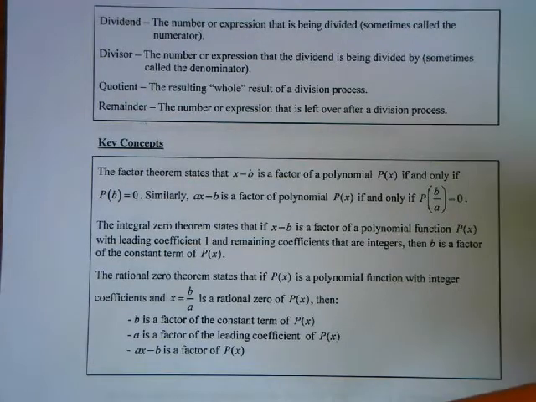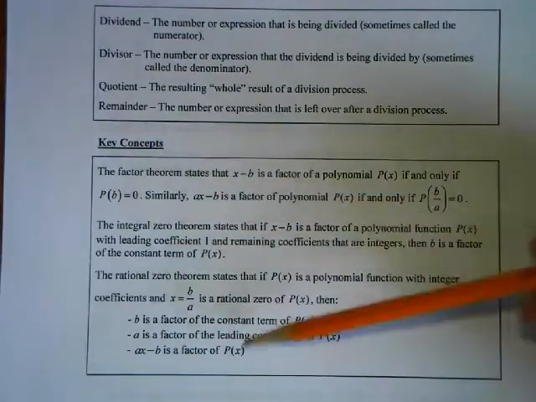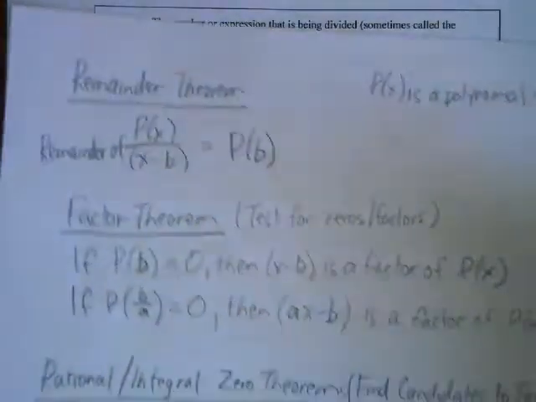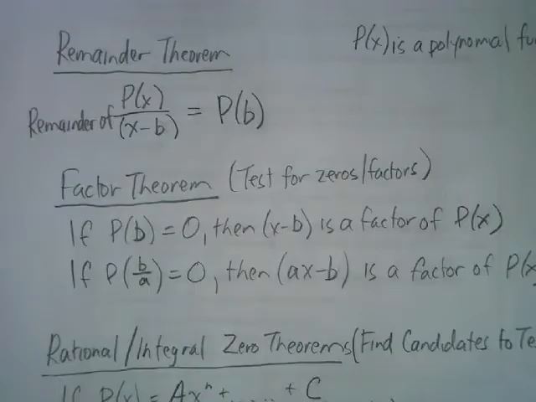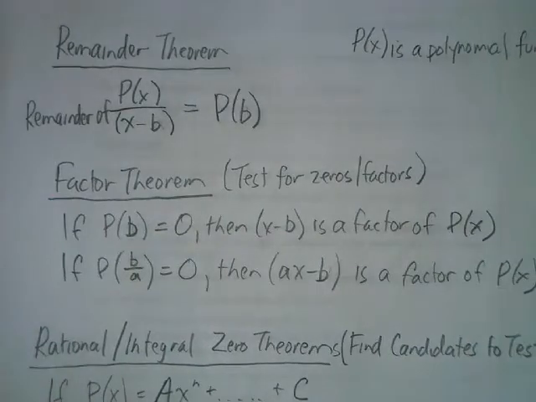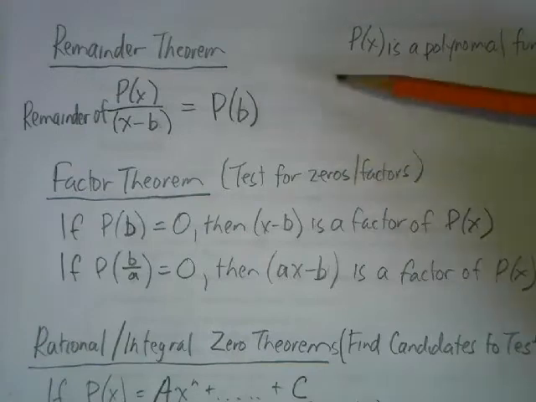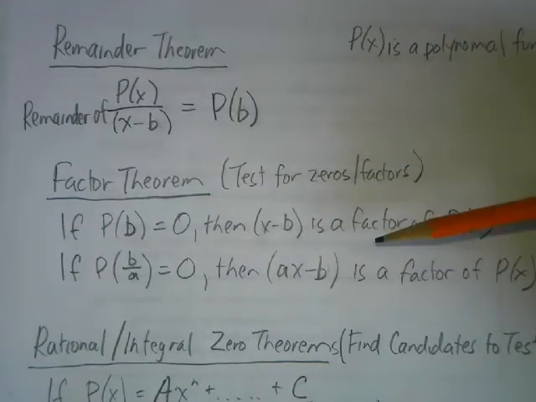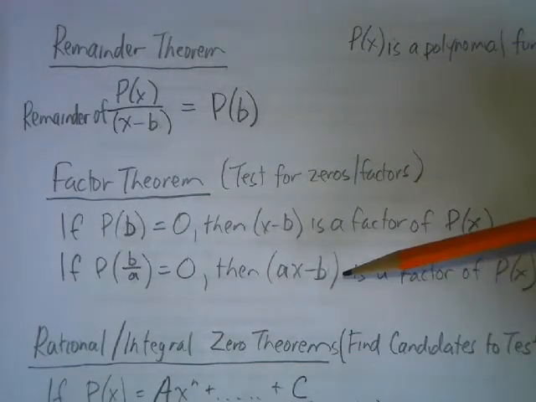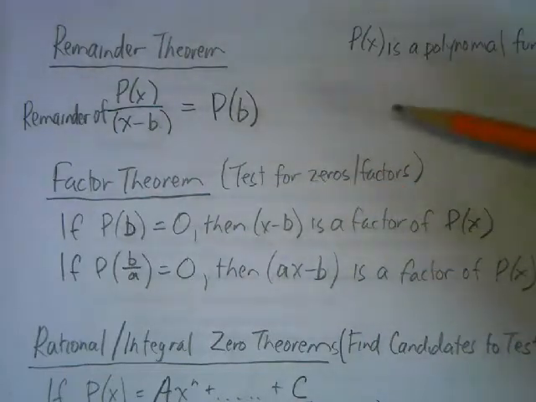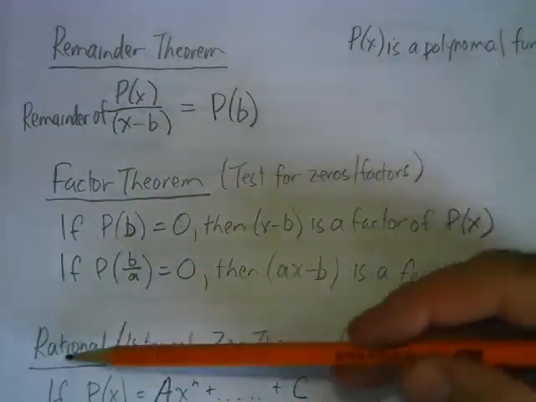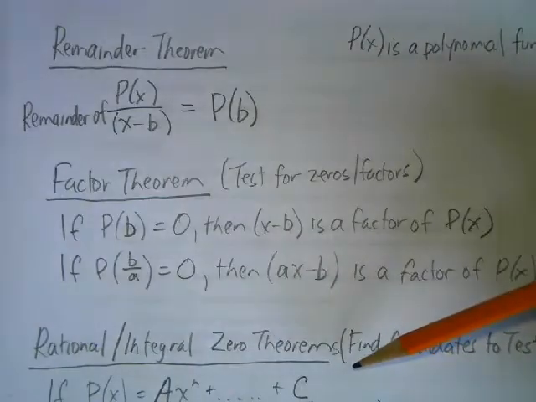So I've made a decision to maybe ignore this, and I've created kind of a new kind of summary that hopefully makes more sense. So I'm going to go through and explain that, and it might not make total sense right now, but we're going to come back to these, and we're going to be using the factor theorem and this theorem here to be able to come up with possible factors fairly quickly and efficiently.